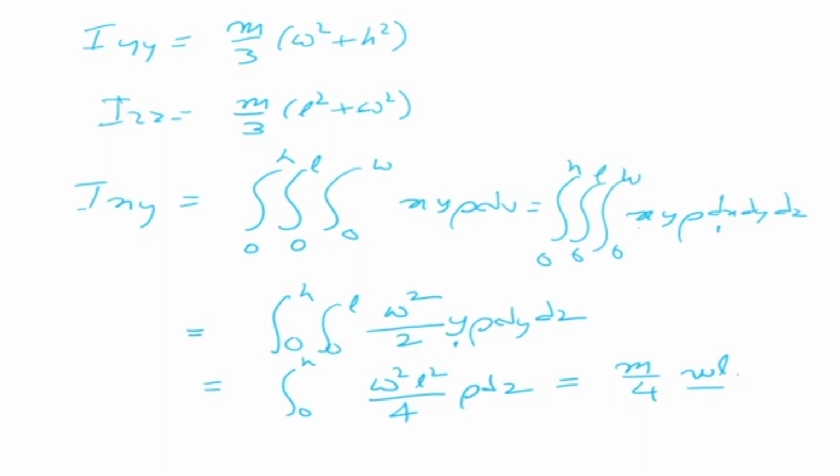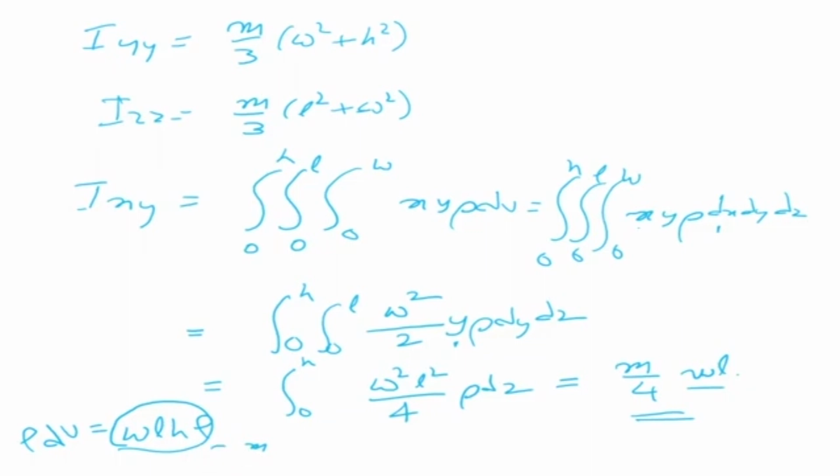Now, from here, when we are integrating, what are we getting? Please remember that the volume dV is equal to w into L into h, and with the density rho that makes it equal to dm. That is where my m is coming from. This is equal to the mass.